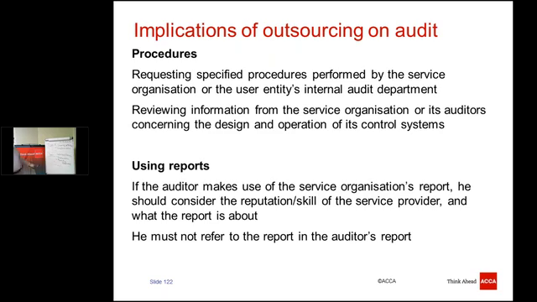In type 1, it's basically documenting the system and doing a walkthrough, and as a result you report on suitability of design and implementation: controls are designed suitably and have been implemented. In a type 2 report, additionally, you are also doing test of controls, and hence you're also commenting on the operating effectiveness of the controls.